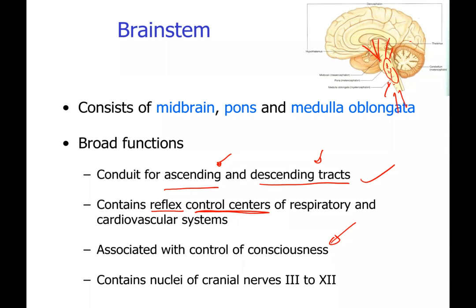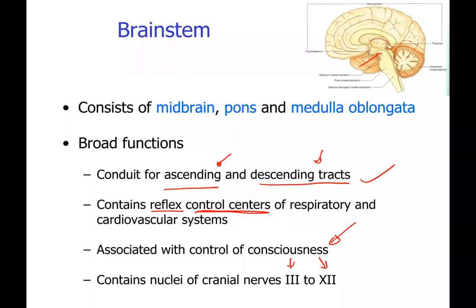Then the other important thing is, except the first two cranial nerves, the olfactory nerve and the optic nerve, all the other cranial nerves, from the third cranial nerve to the 12th cranial nerve, arise from the brain stem.